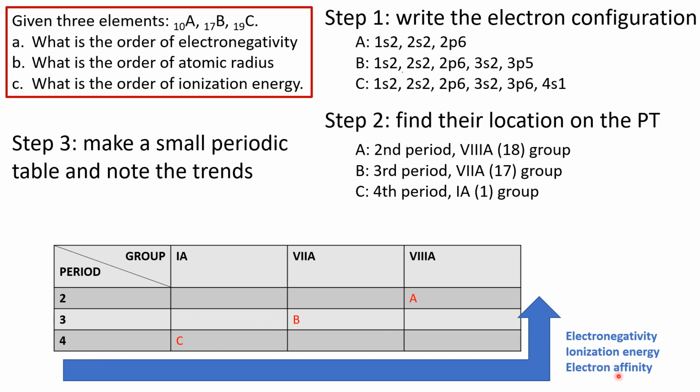Electron affinity, because they love more electrons. Ionization energy, because it's incredibly hard for them to give off an electron. Electron affinity is they release much more energy when they receive an electron.